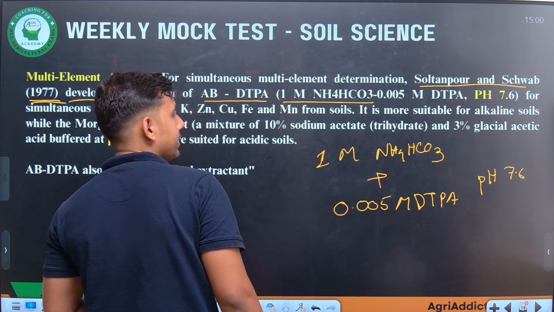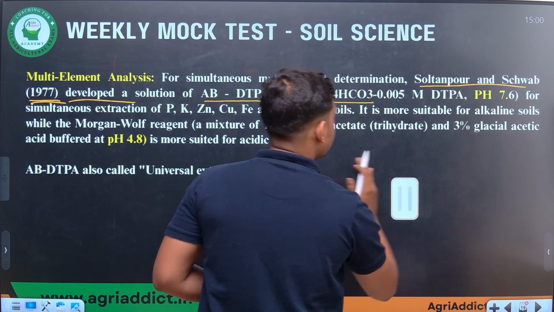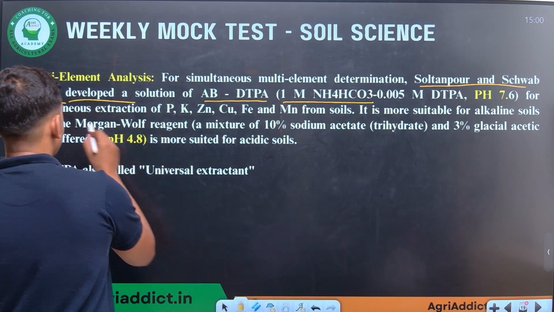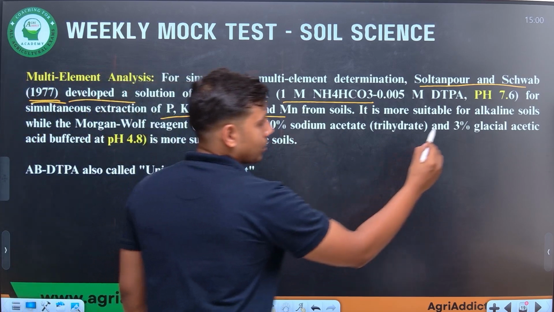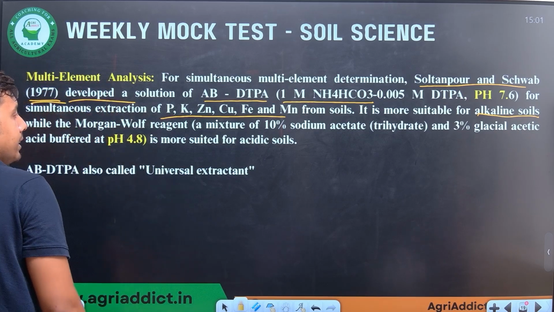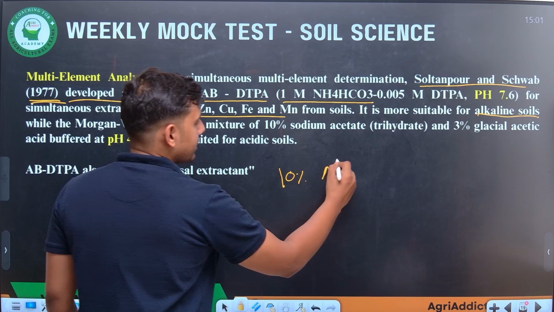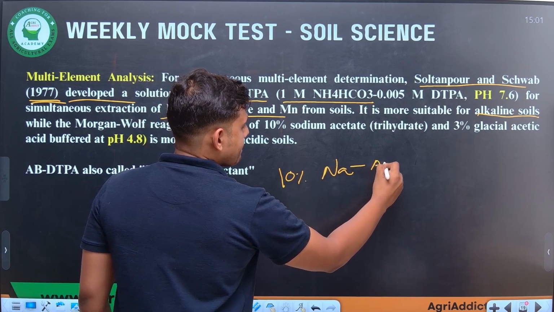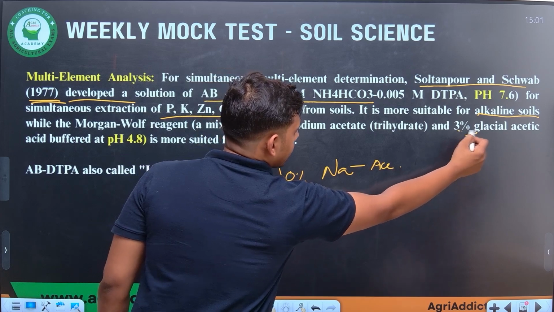Okay, this is AB-DTPA, ammonium bicarbonate DTPA, and this is mainly for the simultaneous extraction of those cations, and it is suitable for alkaline soil. And what is Morgan-Wolf reagent? It is a mixture of 10% sodium acetate and 3% glacial acetic acid.